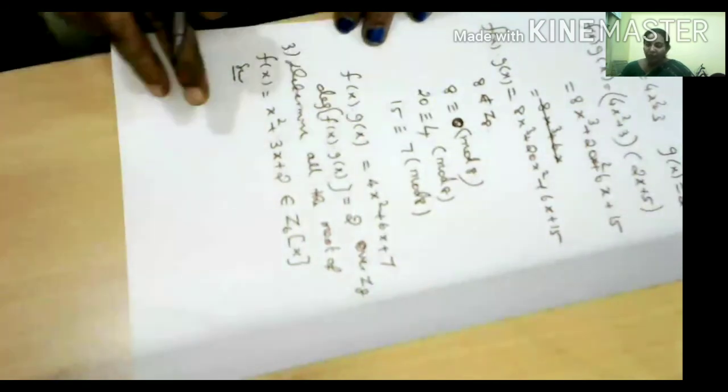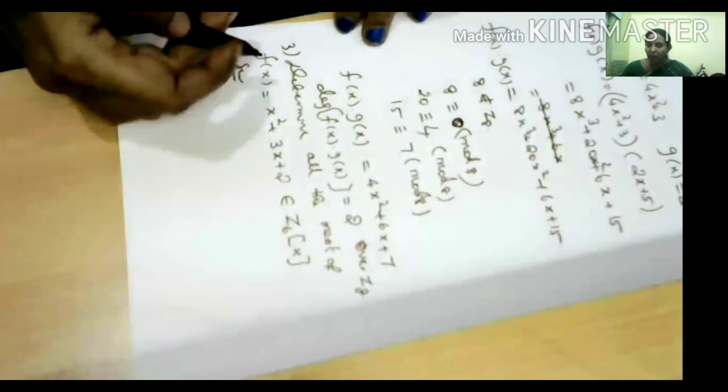For finding roots of a polynomial we know many procedures. You can find the factors, or use the formula minus b plus or minus square root of b square minus 4ac divided by 2a, or the trial and error method. From the factors we write the roots of a polynomial.